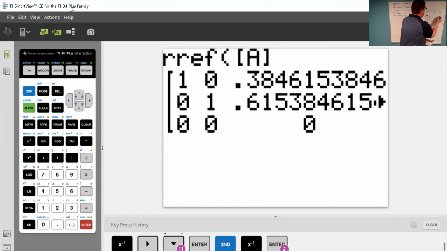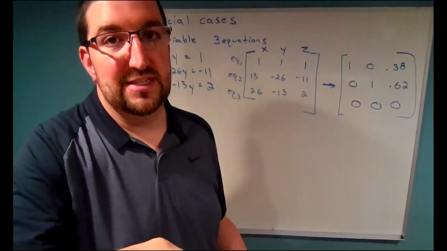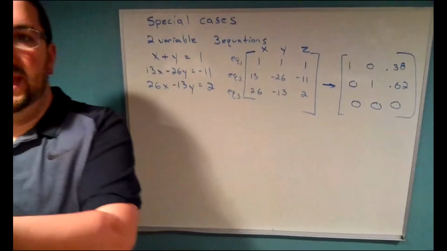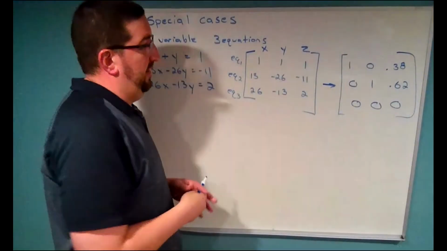I'm just rounding to 2 decimal places here. And then the bottom is going to be all zeros. Okay. So this appears to be infinite solutions, right?